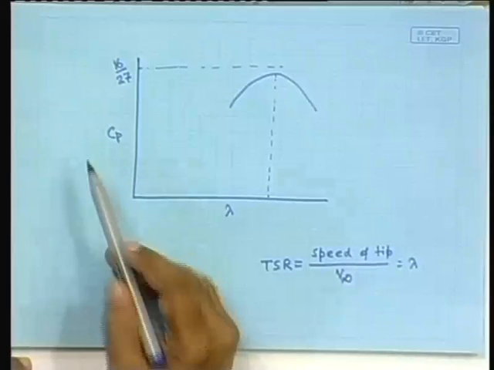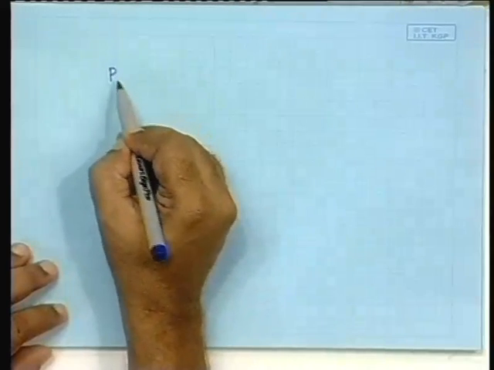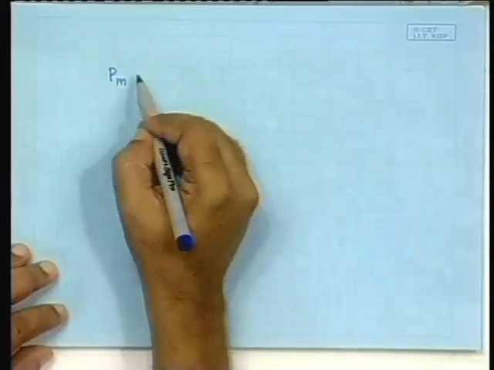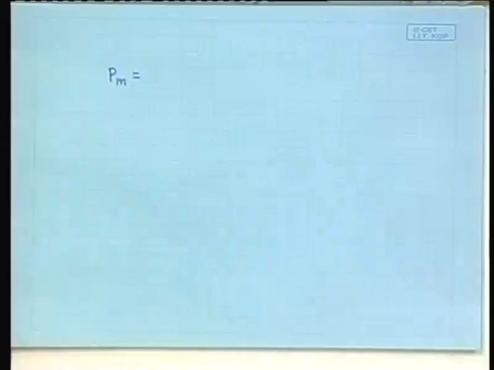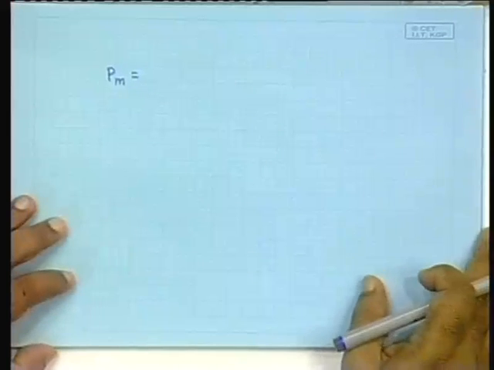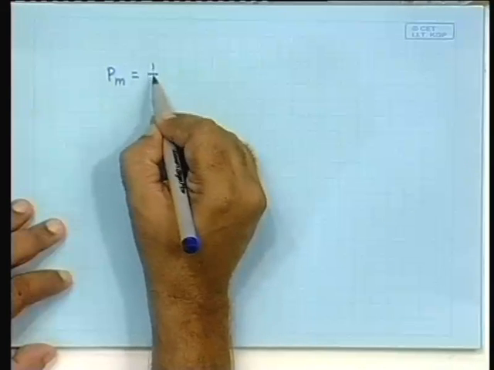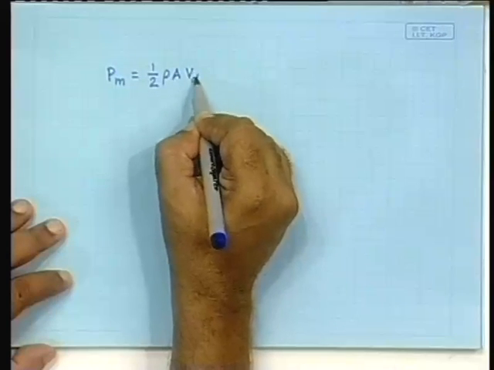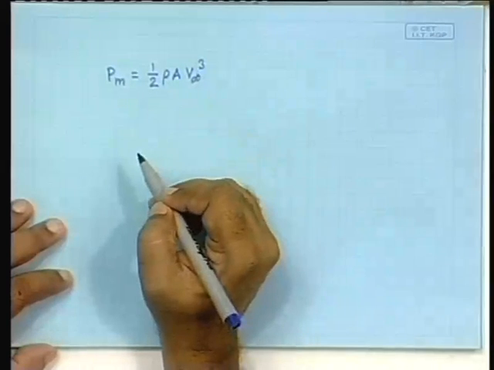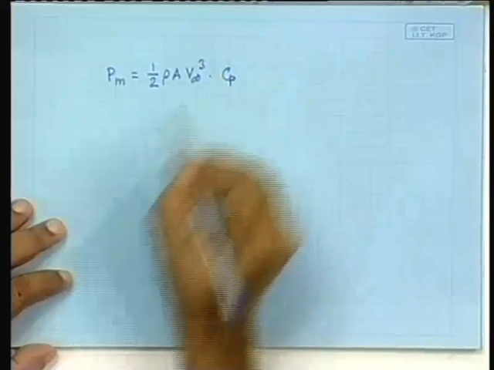But this is the power coefficient. So, how much will be the actual power generated? The power generated P, or let us say mechanical power Pm, is the power contained in the wind times the power coefficient. The power contained in the wind is half rho A V infinity cube, times Cp.